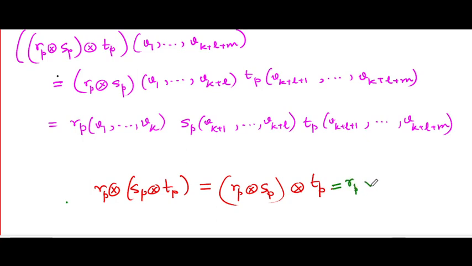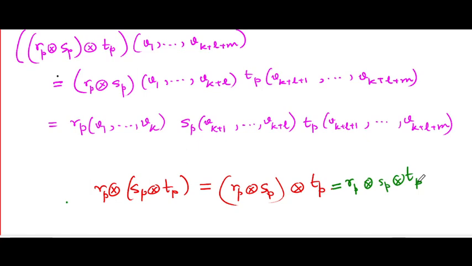So you can write this as Rp tensor Sp tensor Tp. Since the product is associative, it makes sense no matter which one of these tensor products you carry out first, there is no need to put in a bracket.